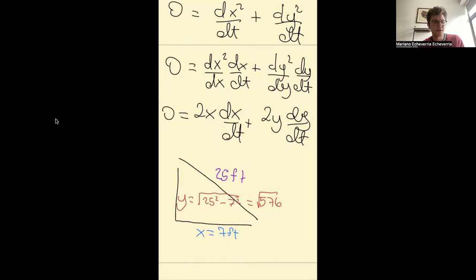Oh, sorry, I did it wrong. Yeah, I don't think there's a good square root, you would need to leave it like that. Oh, is it 24?